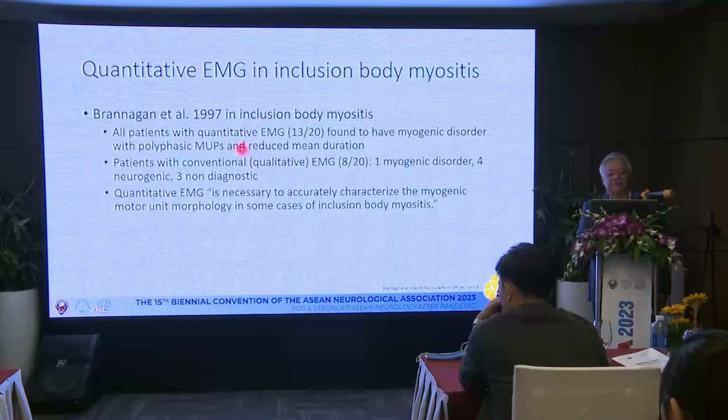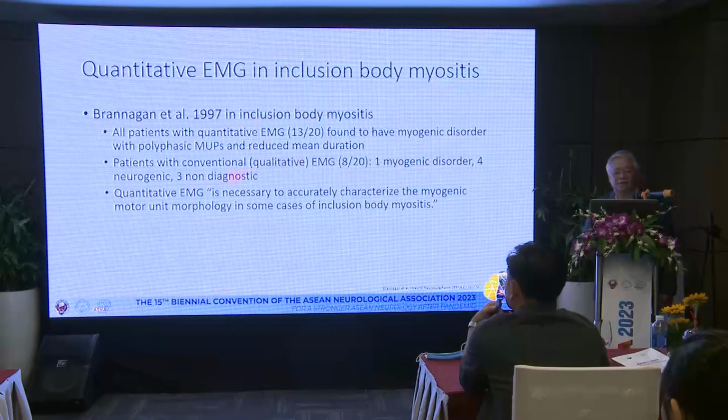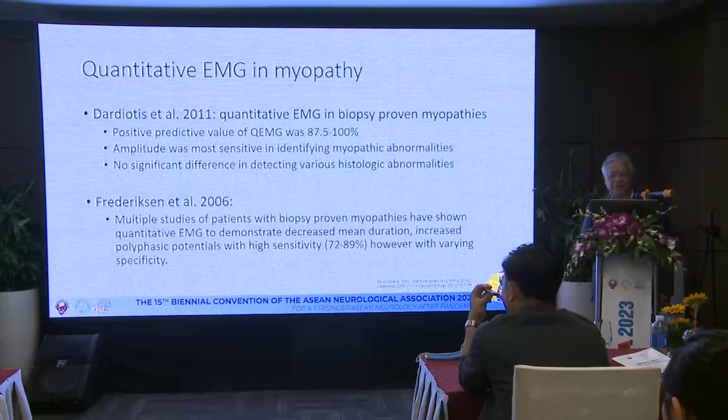If you look at the conventional qualitative EMG that was done in 8 out of 20 patients in that series, only one of them showed up as myogenic, 4 of them showed up as neurogenic, and 3 non-diagnostic. So his conclusion was that quantitative EMG is necessary to accurately characterize the myogenic motor unit morphology in some cases of IBM.